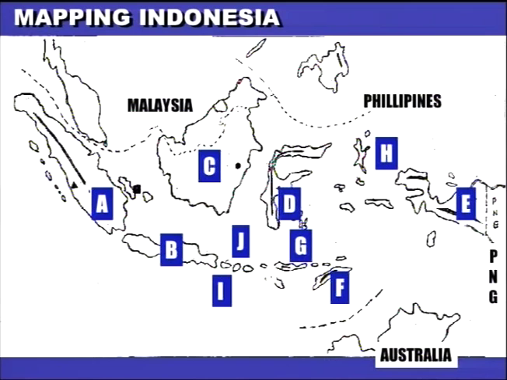It's the same. Yes, maybe the spelling is a bit different, but it's the same island. Let me see. Okay. I is Bali. And J. Okay, I wanted it to be Lombok, but those are the Flores Islands.